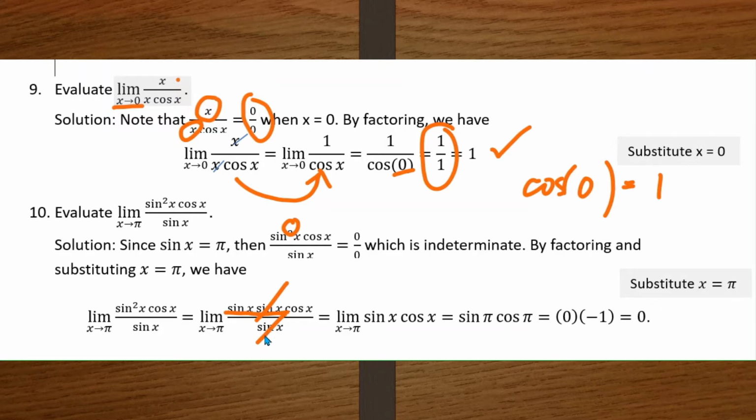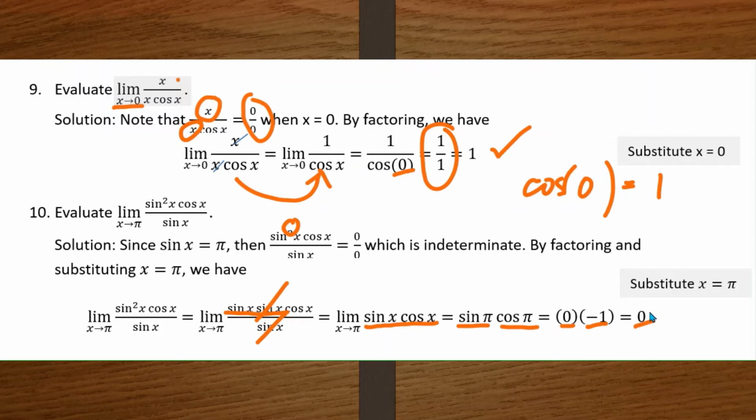So ano na iwan? We have sine x times cosine x. We now substitute pi, so it will become sine pi times cosine pi. Sine pi is 0 and cosine pi is negative 1. So 0 times negative 1 is 0.